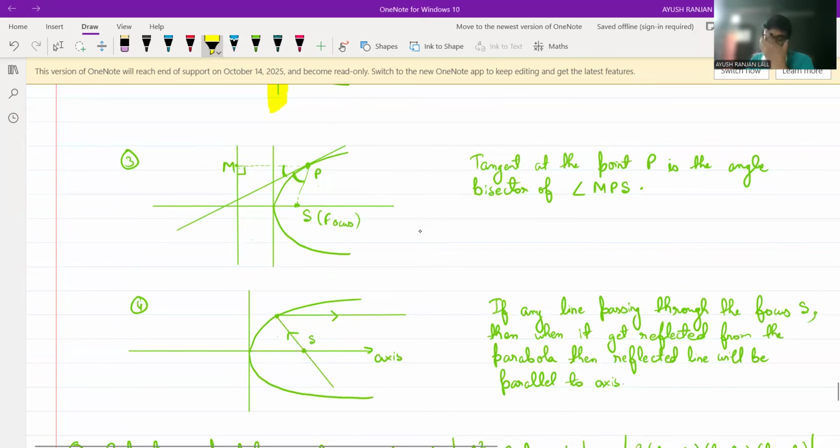Next, the third point. When you have seen the definition of parabola, PS by PM is equal to e. For parabola, e is equal to 1. For hyperbola, e is greater than 1. For ellipse, e is between 0 and 1.